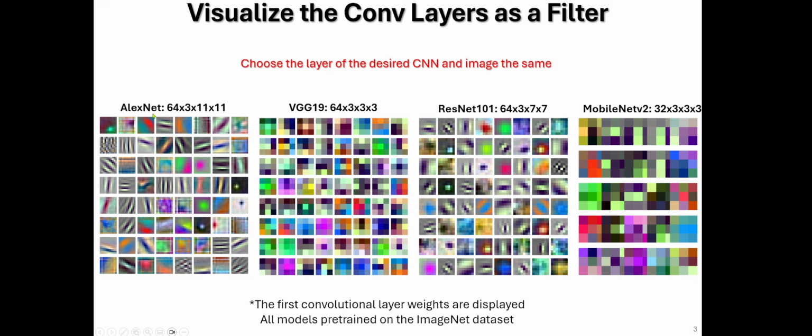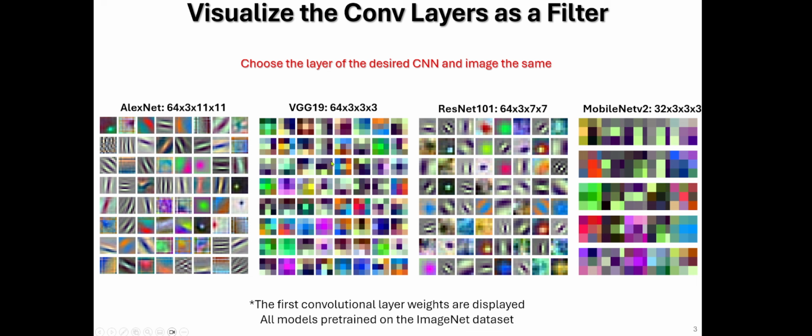So for example, in AlexNet, the first layer has 64 filters and the size is 11 cross 11 cross 3. And if we display them, it looks like oriented edges and opposing colors, as we have seen earlier also. And the same is the case with other neural networks as well. Obviously, VGG19, which has a lower resolution like 3 cross 3, will have slightly more difficult interpretation because of the reduced kernel size.